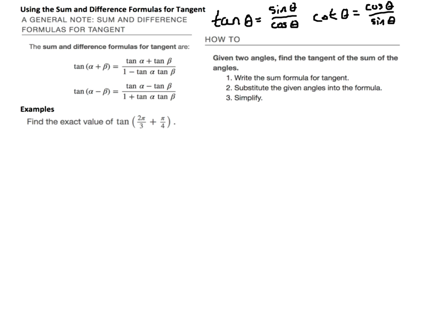Find the exact value of the tangent of 2 pi over 3 plus pi over 4. We're going to use our tangent sum formula there.